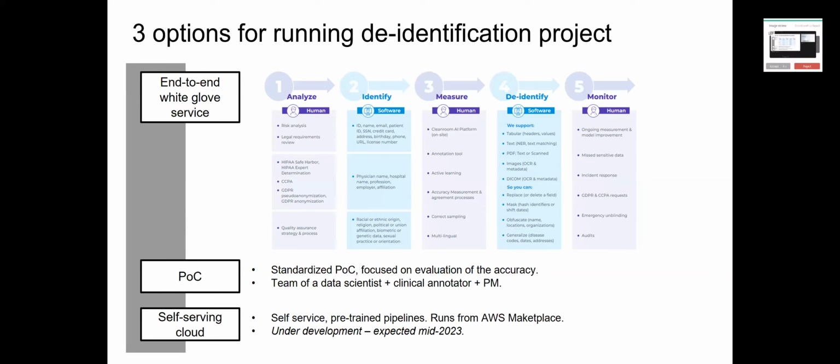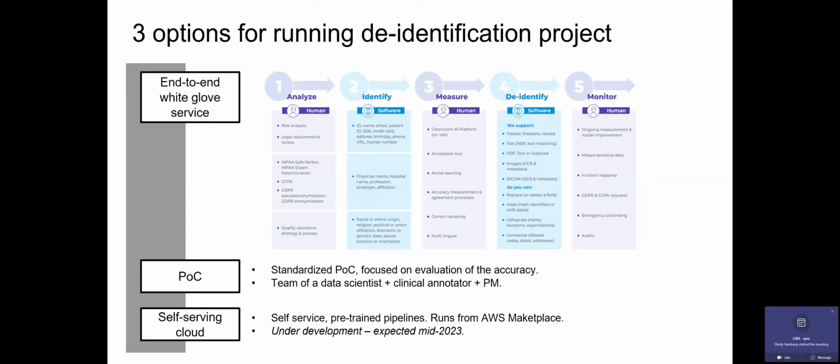It's usually around 1 month, a bit over 1 month, and we have a pre-prepared price tag for this. We will assign a team of clinical data scientists, a clinical annotator, and a part-time project manager, and we will run the project. And in the end, you will have the report and the proof of concept notebooks prepared.